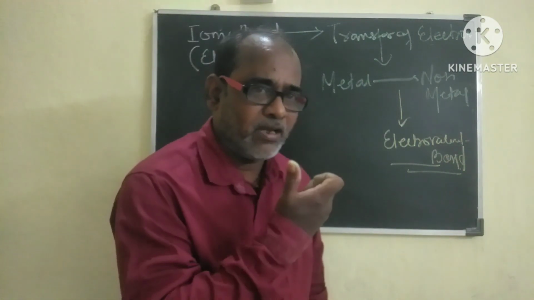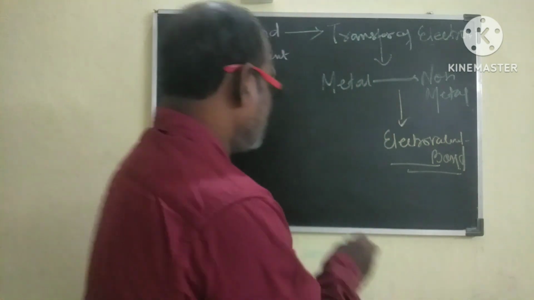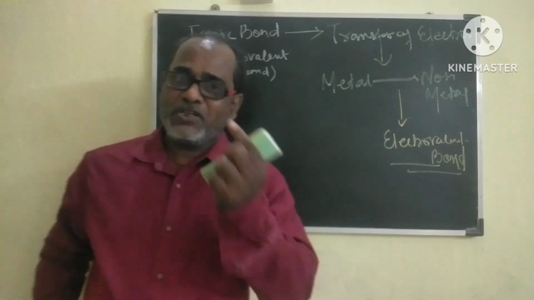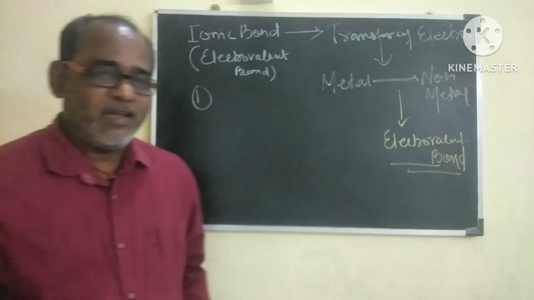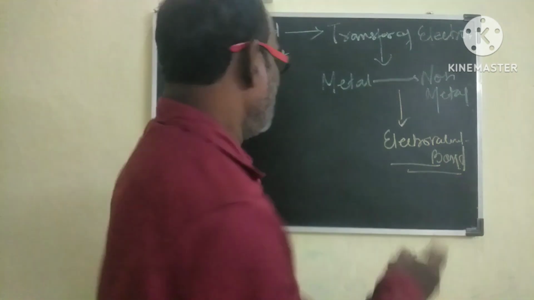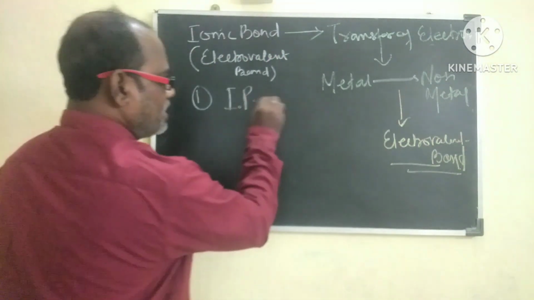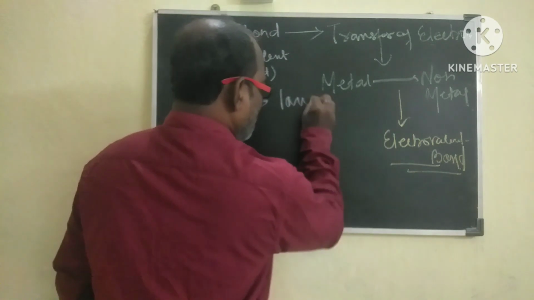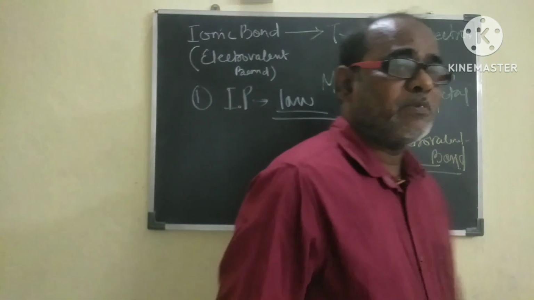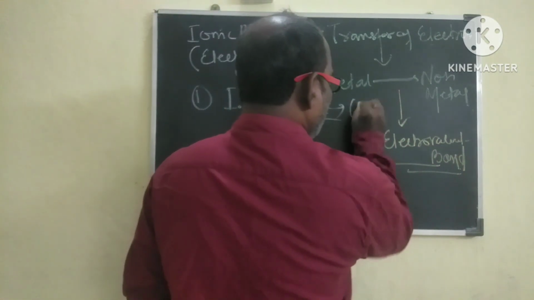It becomes difficult. So the very first factor is that ionization potential should be low. If ionization potential is low, then it is very easy to donate electrons and there is a formation of cation.